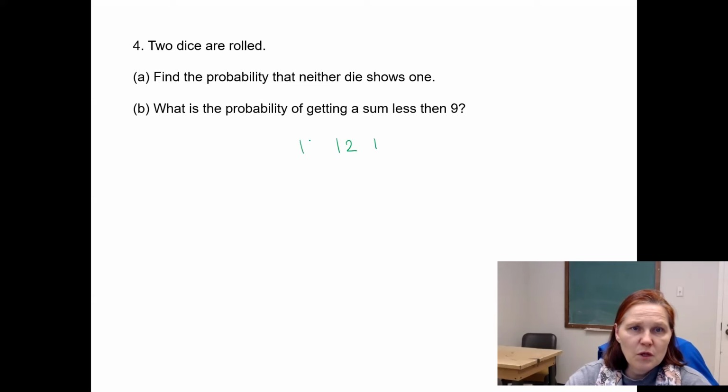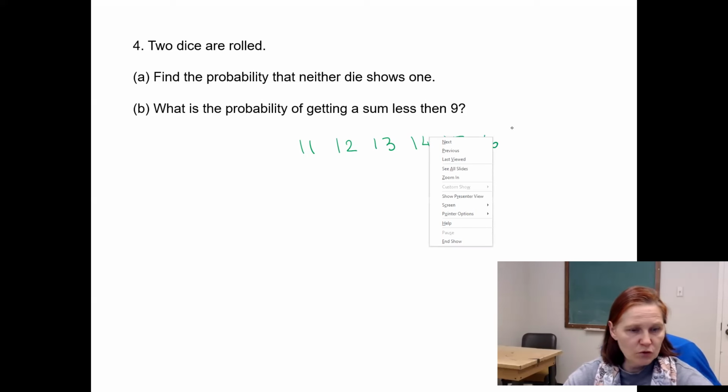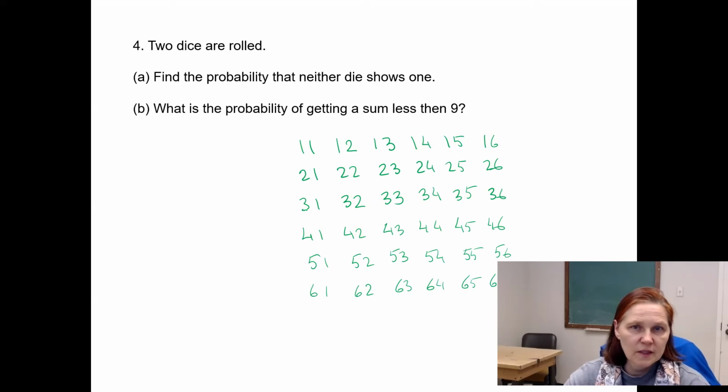So we have 6 lines. In the first line, the first die shows 1, the second die shows the numbers from 1 through 6. So 36 outcomes, and now let us answer the first question.